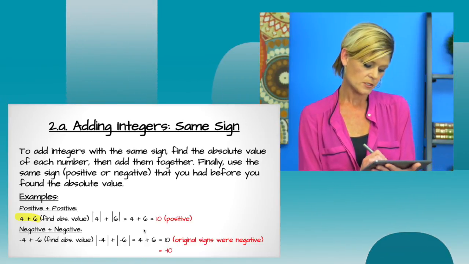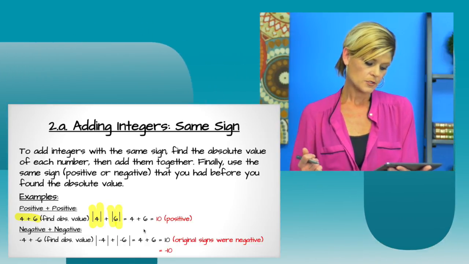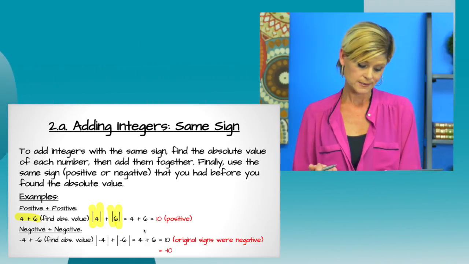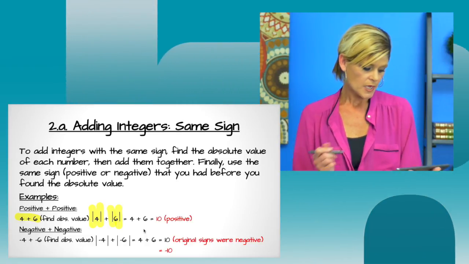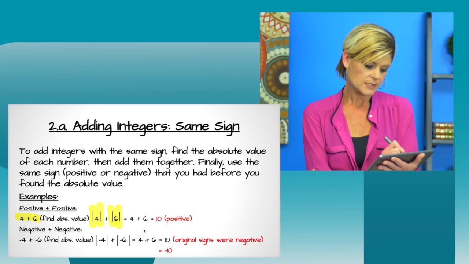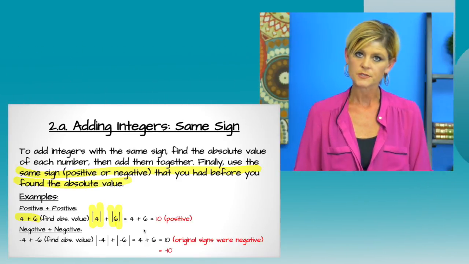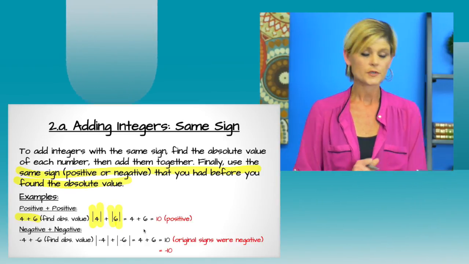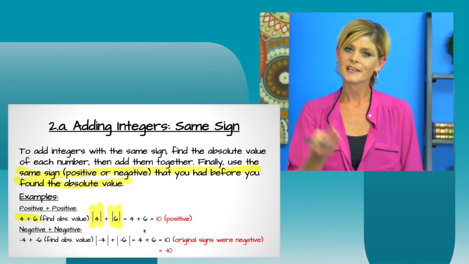So we have our absolute value lines here. The absolute value of 4 plus 6 is 10. The second thing you have to do is simply use the same sign that you had before you found the absolute value. In the original problem, 4 plus 6, we had two positive numbers, so the answer is also going to be positive.